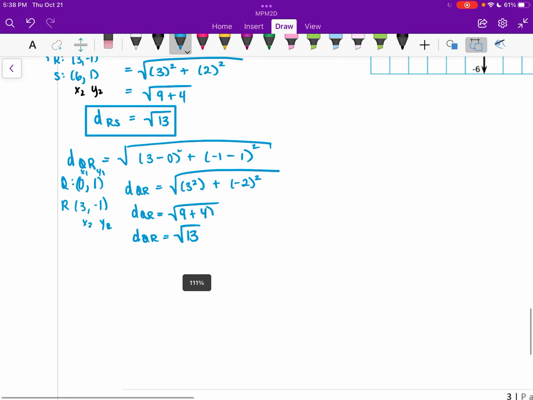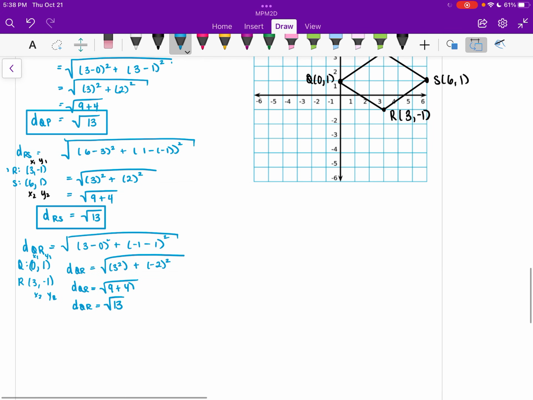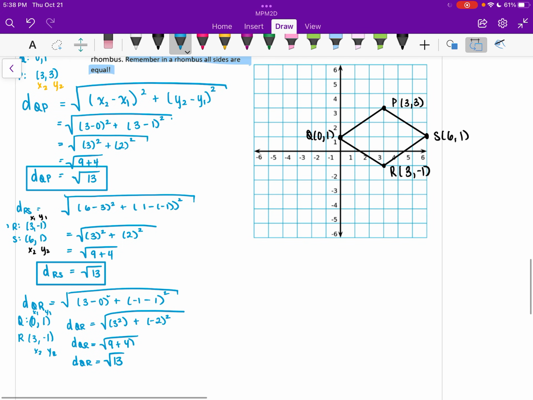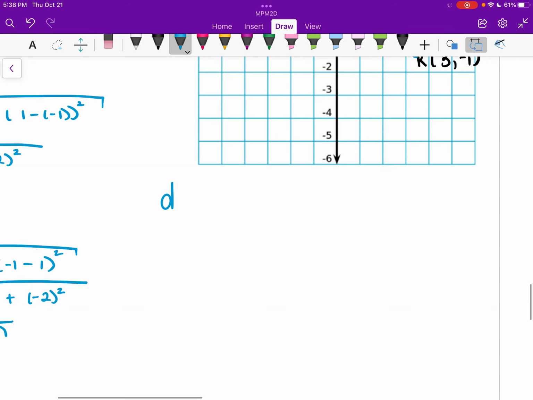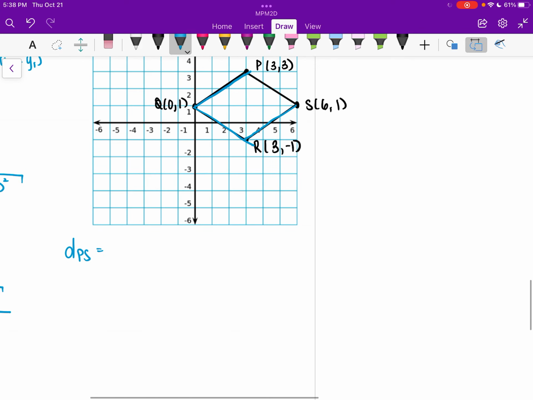Last one, and I know this is a little tedious, but we do need to prove that the entire thing has equal sides, so we need to find the last side. We've found QP, we found RS, we found QR, so now we just need to find P and S. The distance between P and S is going to be, we'll make this x1, y1, x2, y2, right?